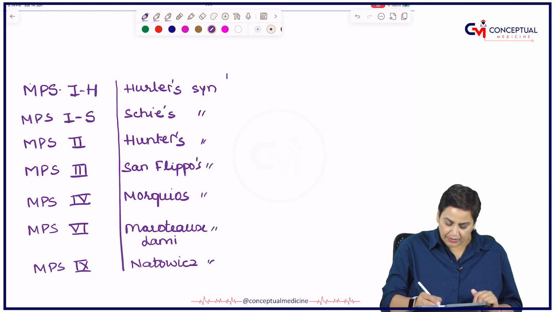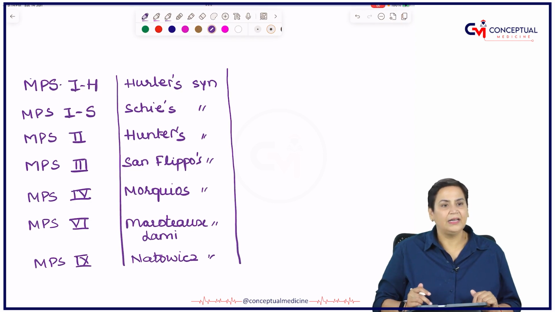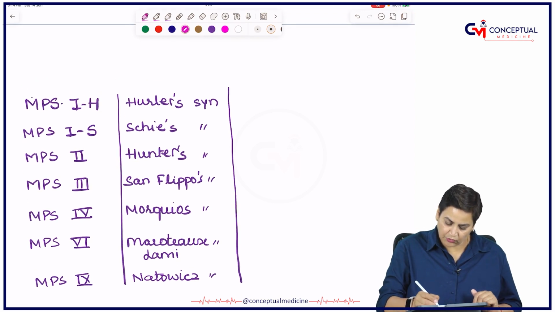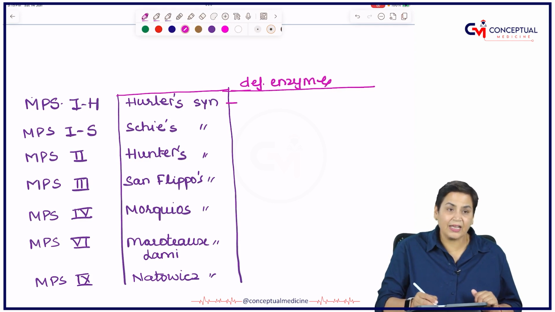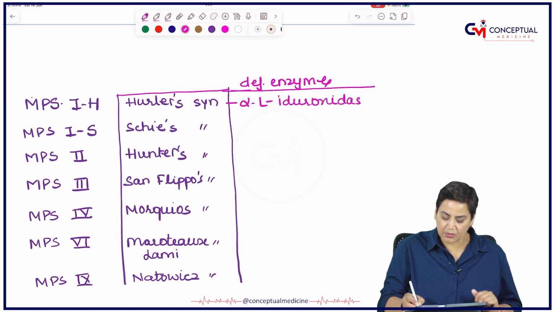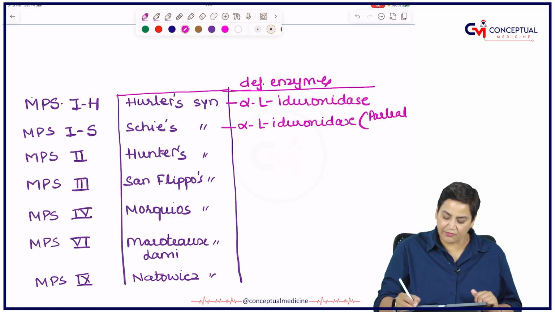Now if we talk about the deficient enzymes here, first of all we will take the deficient enzymes. In Hurler's syndrome, the deficient enzyme is alpha-L-iduronidase. In Scheie syndrome also, the enzyme is the same, alpha-L-iduronidase, but the only thing is that it is a partial defect.